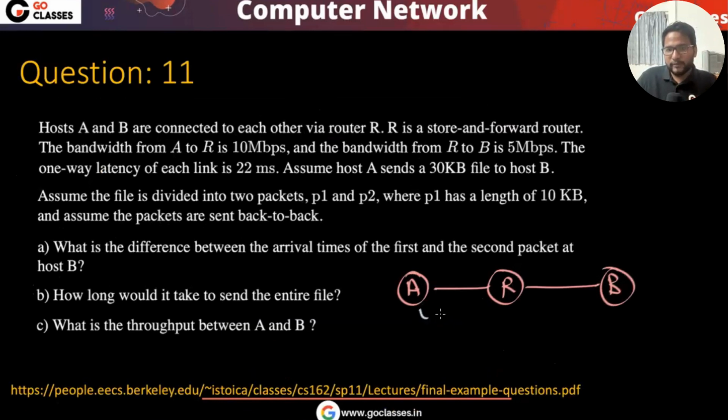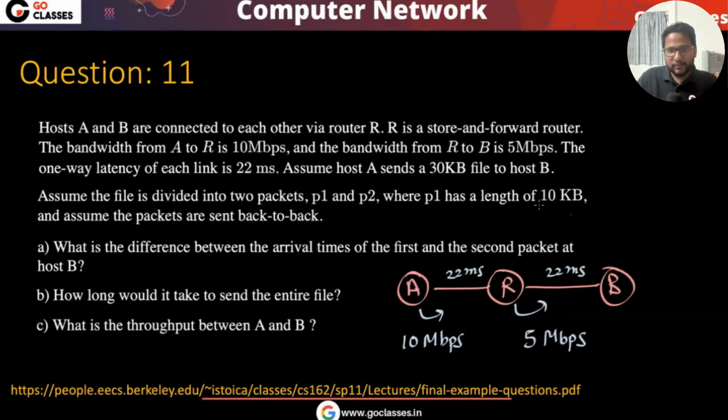From R to B, the bandwidth has decreased, which is 5 Mbps. The one-way latency of each link is 22 milliseconds, of this also 22 milliseconds. Assume that host A sends a 30 KB file to host B. Assume the file is divided into two packets, P1 and P2.